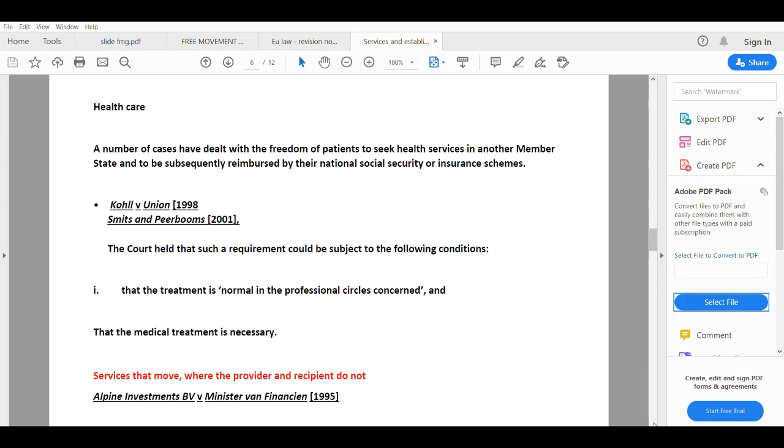For this, we should bear in mind that if the medical expenses incurred by receiving treatment from another member state are too high, then the member state can rely on this ground because definitely it will then seriously undermine the financial balance of the social security system.